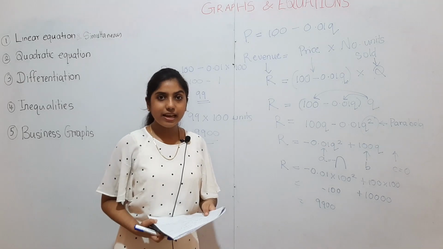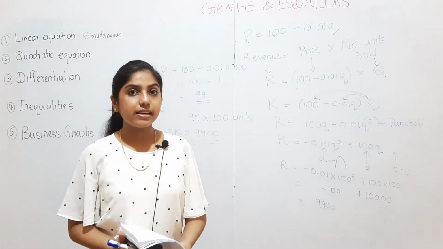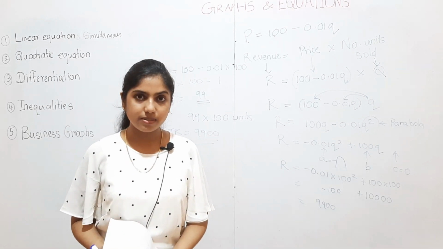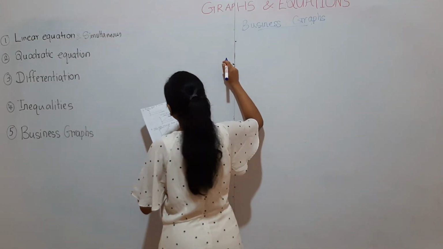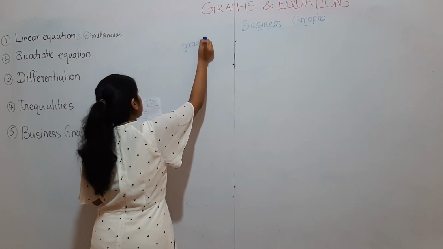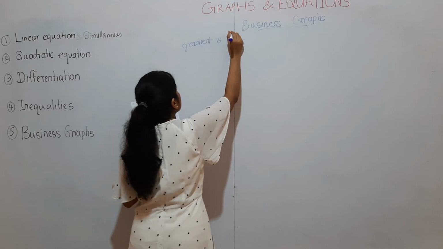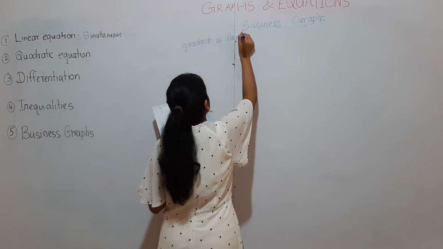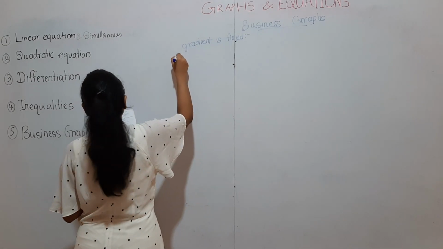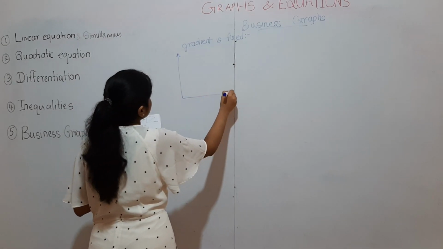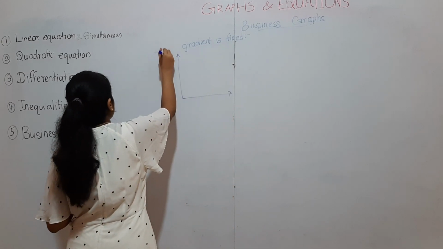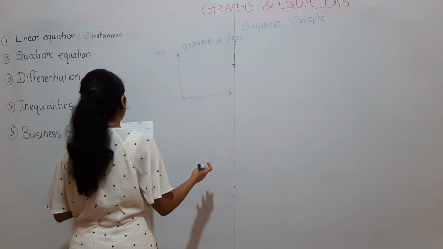Alright, so with that we finish equations and graphs, and next let's look at business graph types. Let's say the gradient is fixed. Now in total cost, you have this in the tube, but just refer.